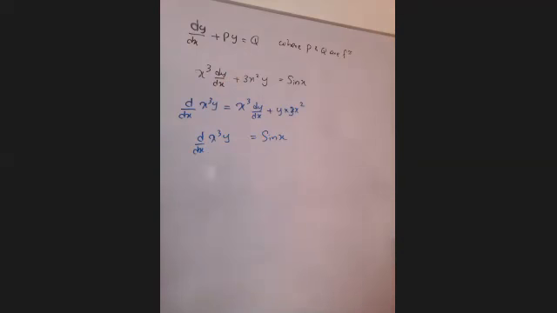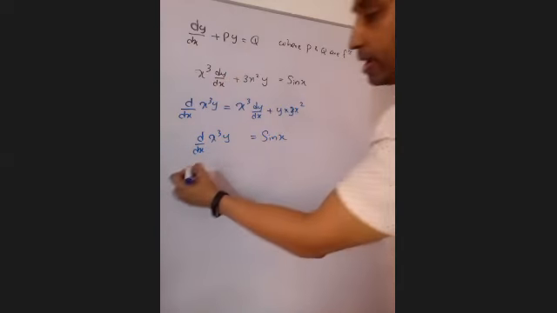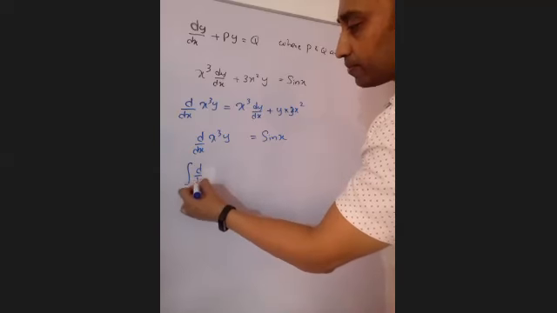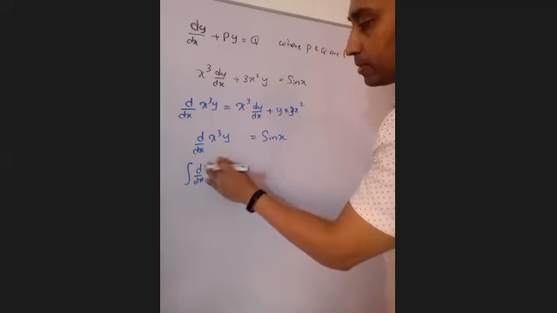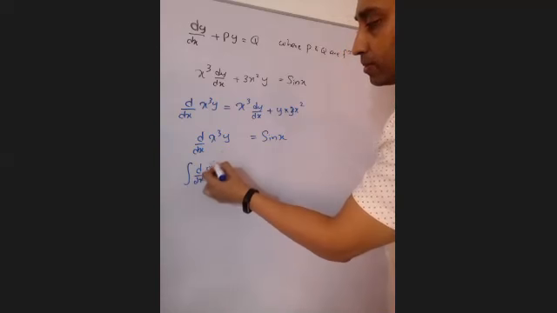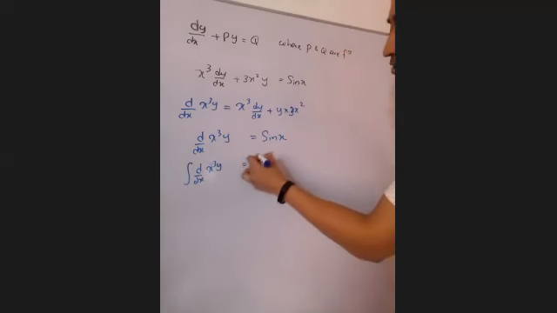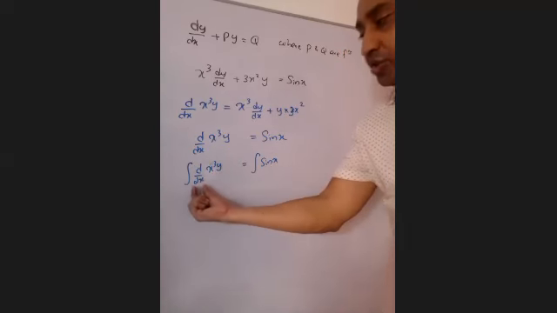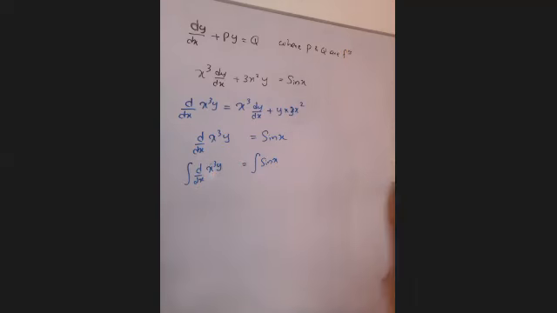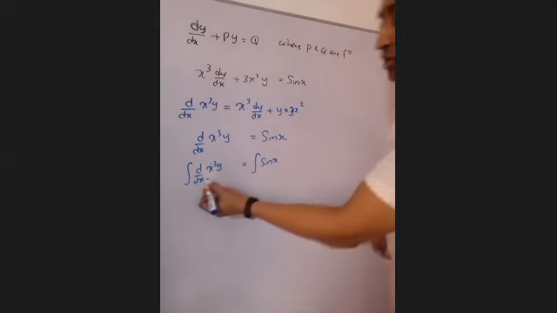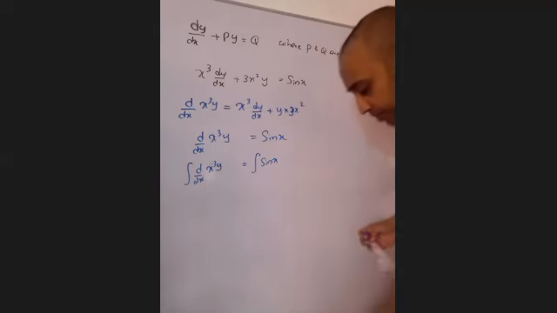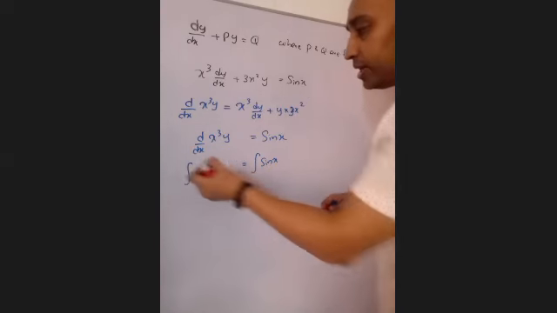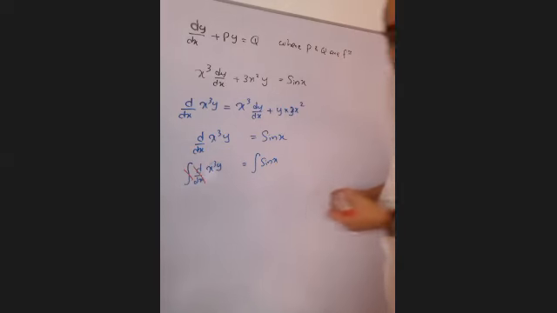Then in the next step, integrate both sides. x cubed y equals the integration of sine x. This whole function is differentiated and then integrated, which means the integration cancels out with the differentiation.